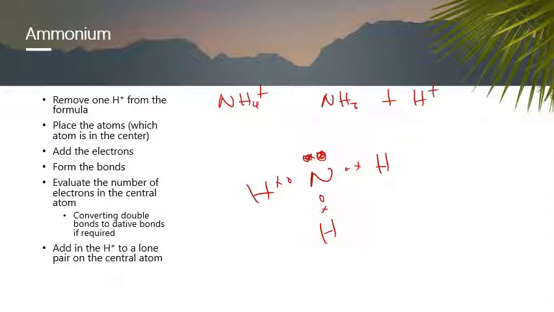So the H plus joins to the lone pair. H plus does not have any electrons on its own, so it just joins to the lone pair, and therefore we have a dative bond. Let's just convert that to a dative bond to make it look nicer. That's NH4 plus.